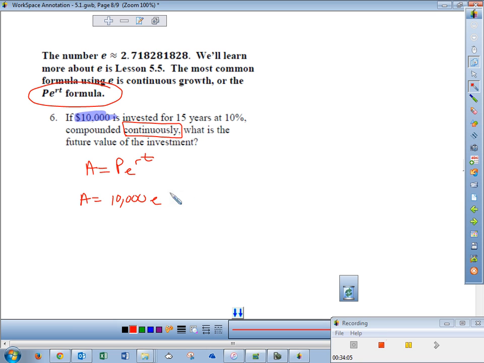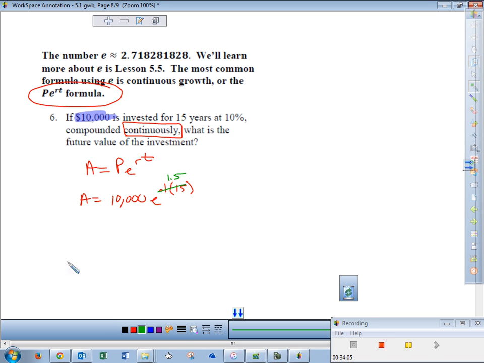If it's 10%, what is my rate as a decimal? 0.10, or just plain old 0.1, times time in years, which is 15. I usually punch that in first so I don't have this mess of things to type in. I figure out what 0.1 times 15 is. I hope you can do that without a calculator. What's 0.1 times 15? 1.5.